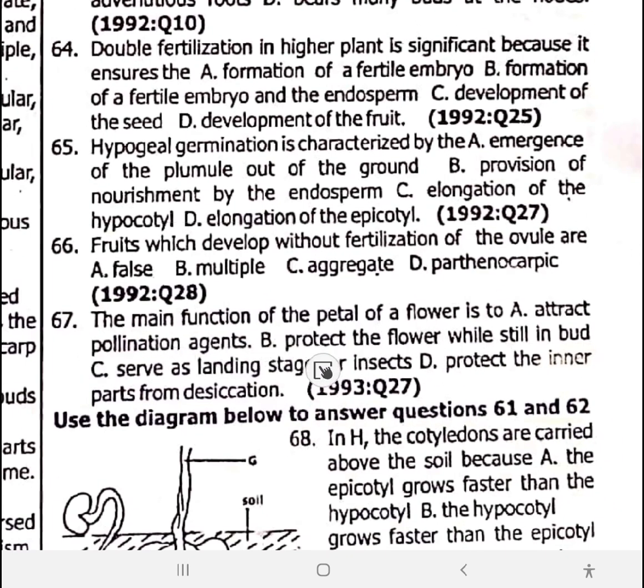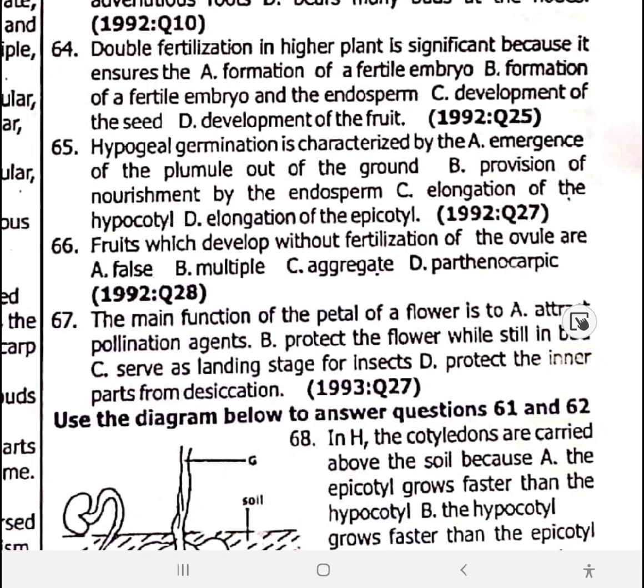67. The main function of the petals of a flower is to dash. Petals act as a landing platform for insects, while sepals, open bracket, calyx, help to protect the inner parts, the whorls, especially during bud stage.